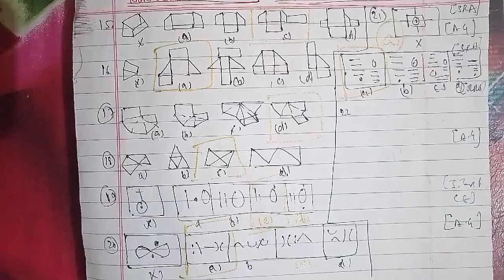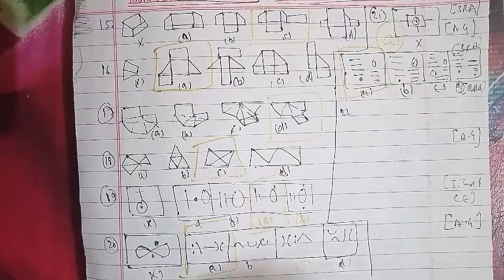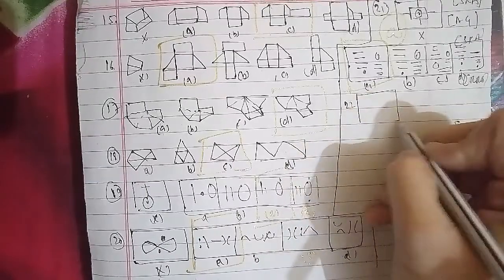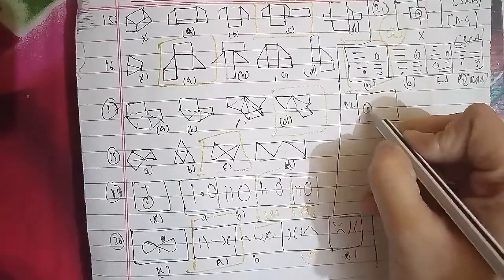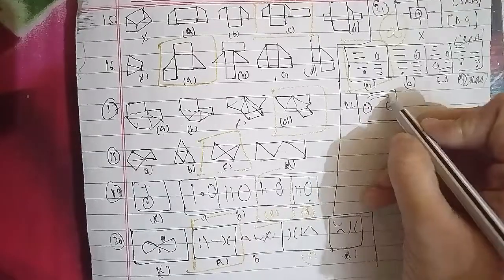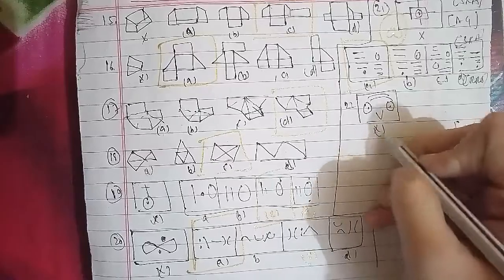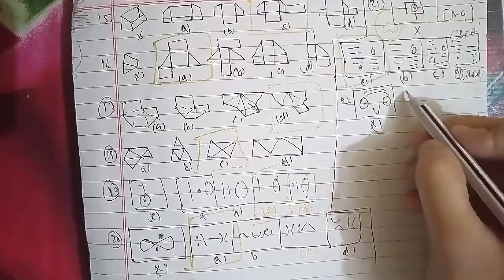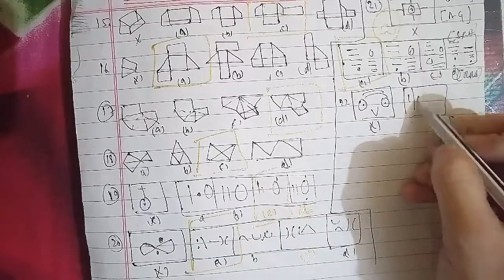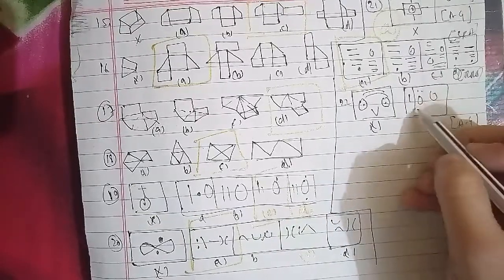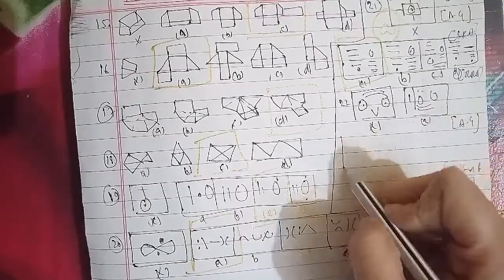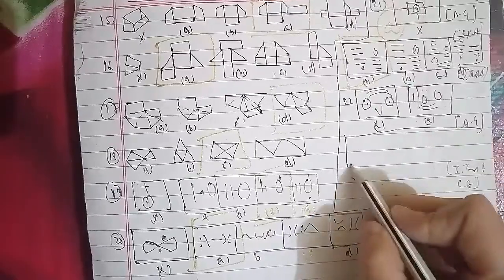This has been the figure X. We'll have one figure named as A. This has been A. Now we'll talk about the B, C and D. B is like this. C is like this. And the D is this.